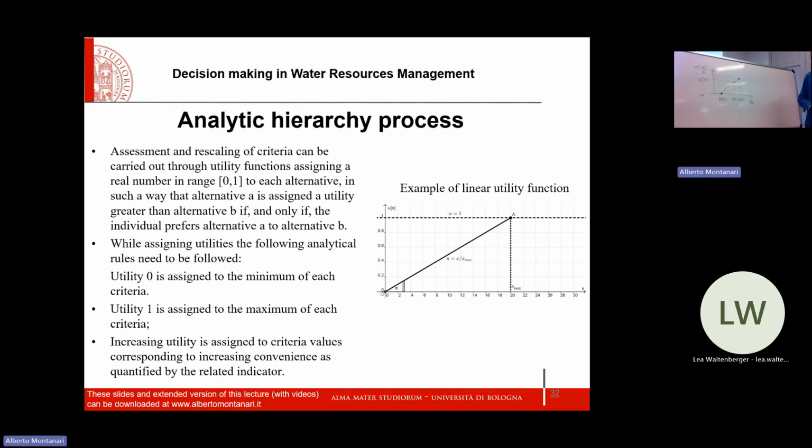So what is the requirement for defining a utility function?